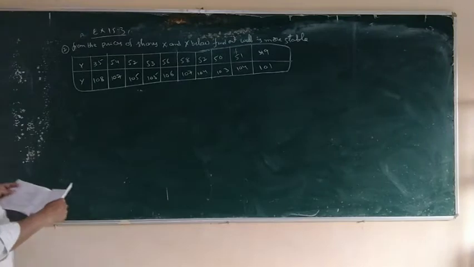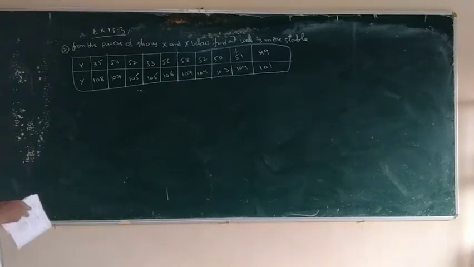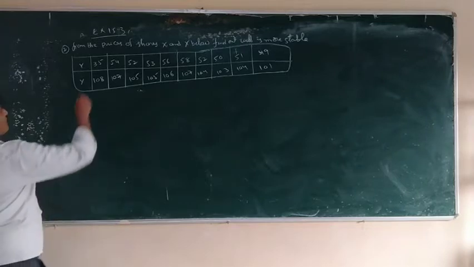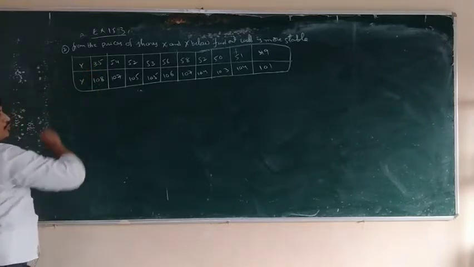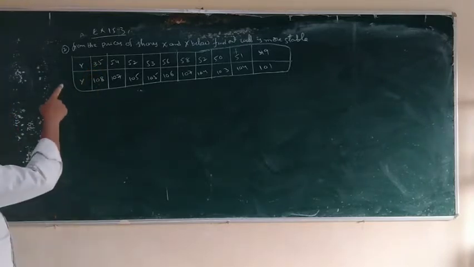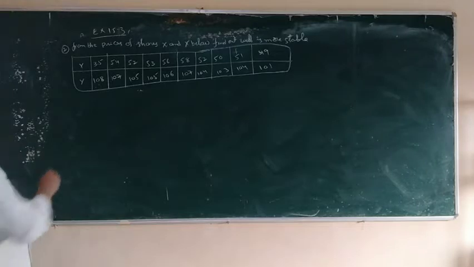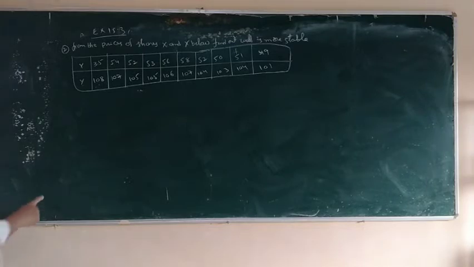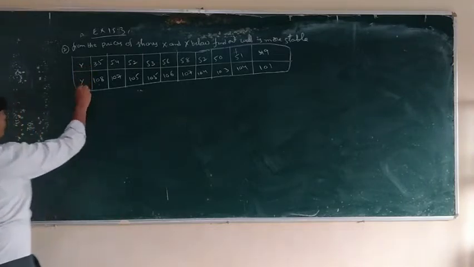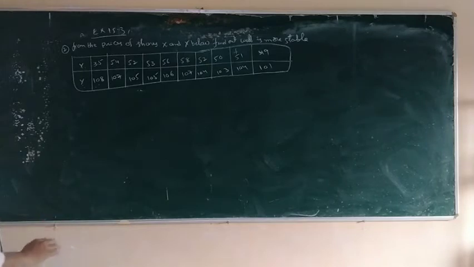So X and Y mean only observations. These are two sets of observations, X and Y. First we have to find the coefficient of variation of the first distribution and of the second distribution. Whichever has the lesser value is more stable.